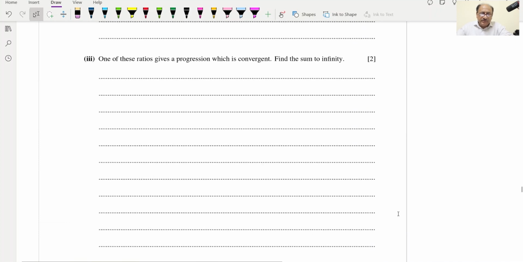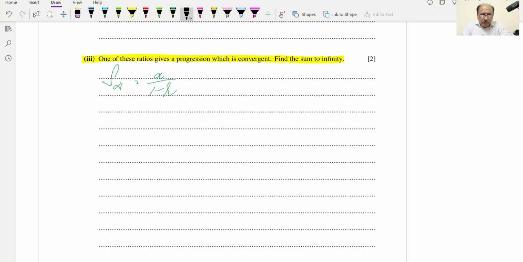Now part 3 says one of these ratios gives a progression which is convergent. Find the sum to infinity. So the sum to infinity formula we can write as S infinity is equal to a over 1 minus r.